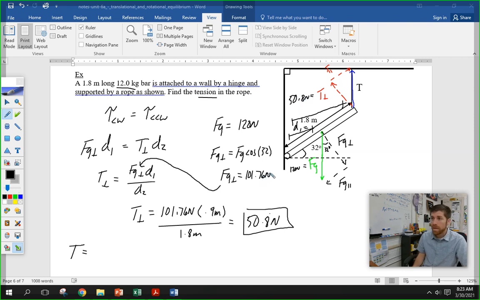And if we know that, and we know this angle, which is, you guessed it, also 32 degrees, then we can solve for tension by doing tension is equal to tension perpendicular divided by the cosine of 32 degrees, which is equal to 50.8 divided by the cosine of 32. So that's going to be about 59.90 newtons.